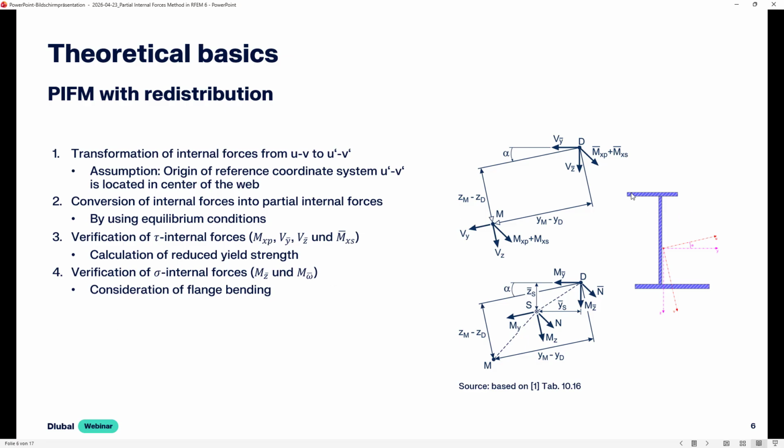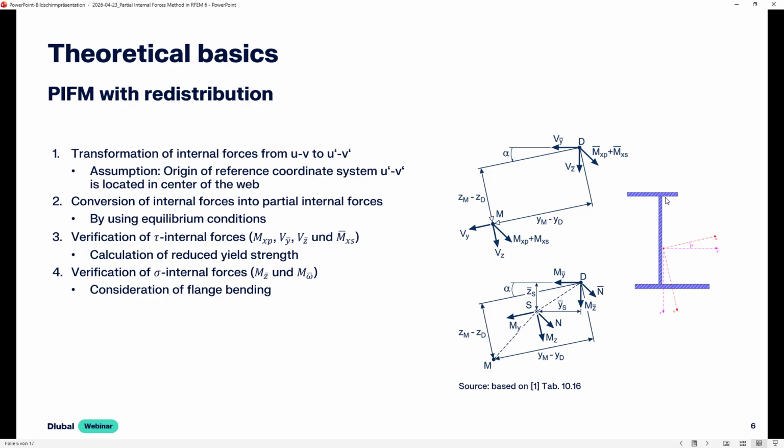But in this case, for example, the bending moment MZ, which would be about this axis here, only the upper and the lower flange would receive partial internal forces caused by the bending moment MZ, and the bending moment MY is completely taken by the web. So that's just a simplification that is used for the PIFM. And this is also okay.